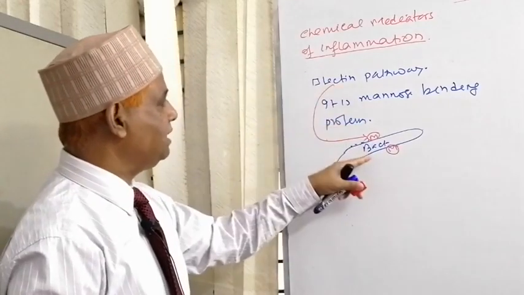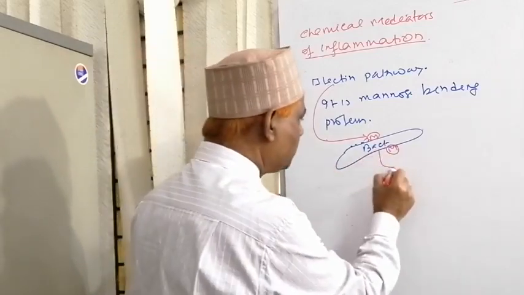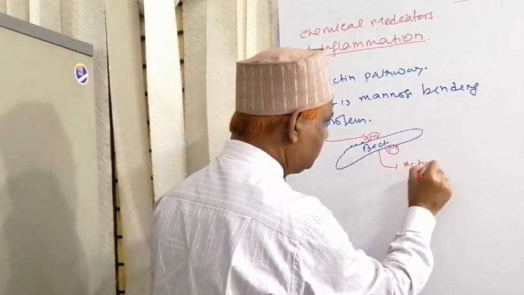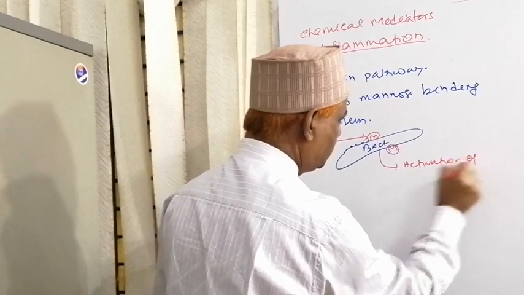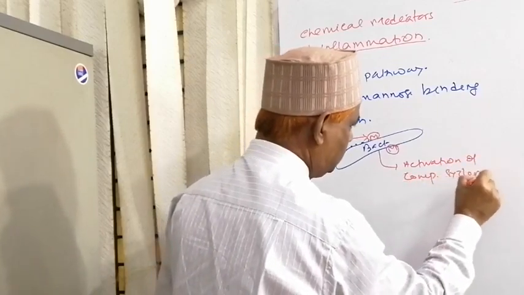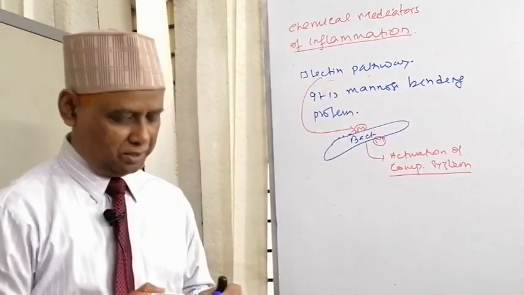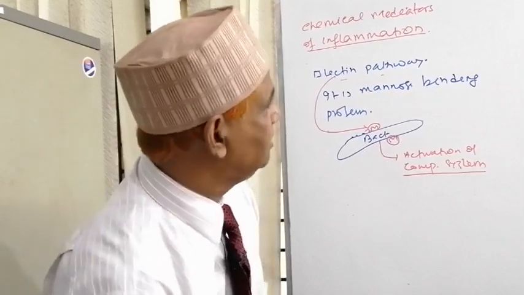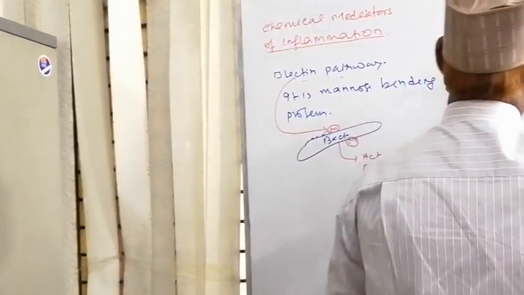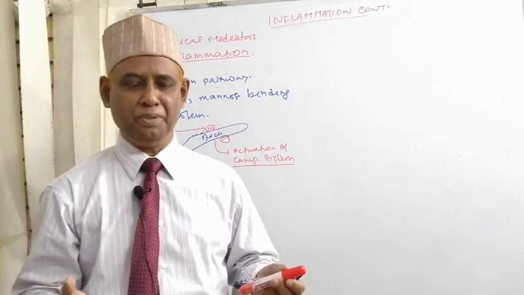If the lectin binds with the mannose of the bacterial wall, then there will be activation of complement system. Such activation is the lectin pathway of activation of complement system. Dear audience, so these are the pathways of activation of complement system.